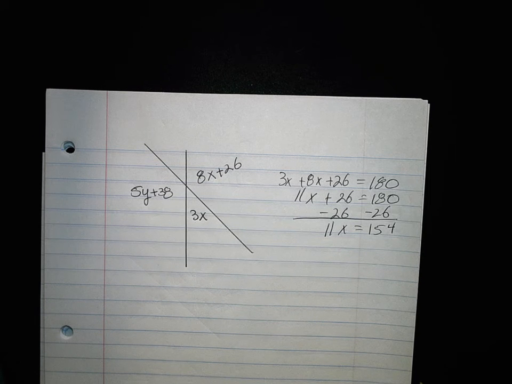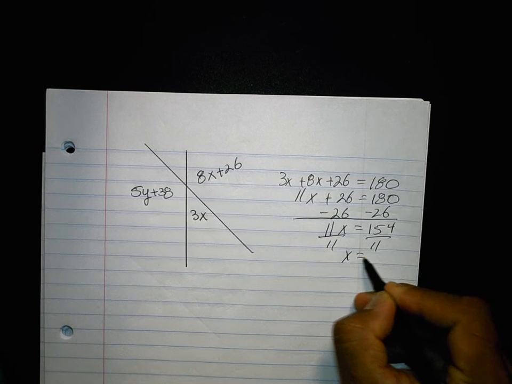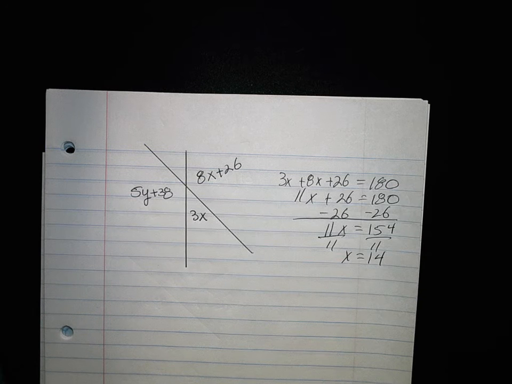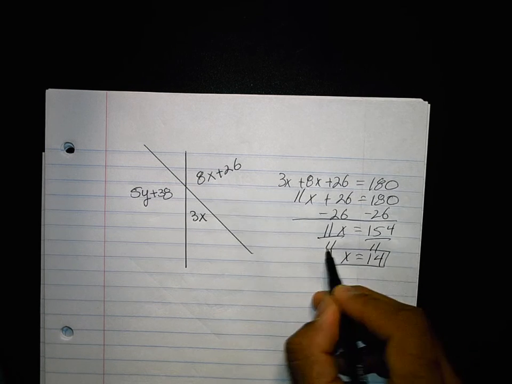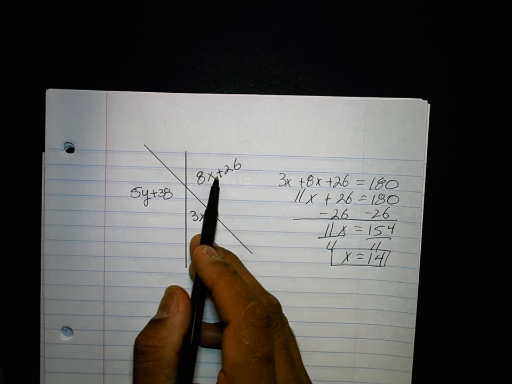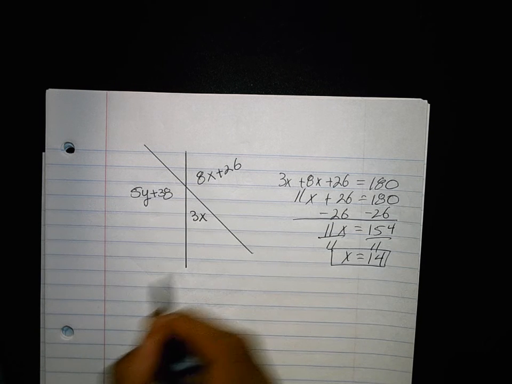Then divide that by 11, and x equals 14. So I got one of them there. I can plug it into here or there. I'm going to plug it into this one just because, and it's not going to make a difference either way.